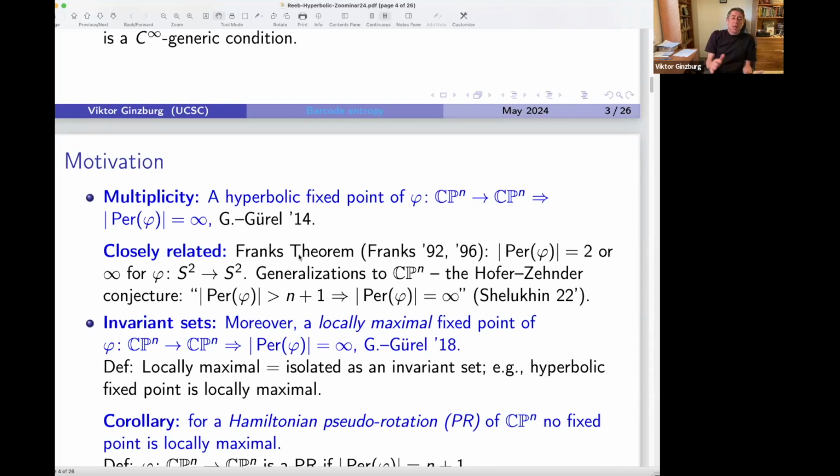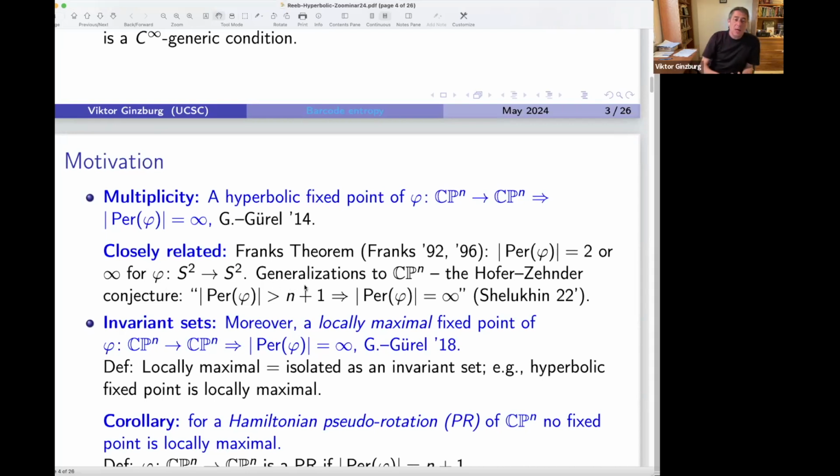There are, of course, nowadays much more advanced results along these lines, and this is in turn a variant of Franks' theorem for area-preserving diffeomorphisms of the sphere.